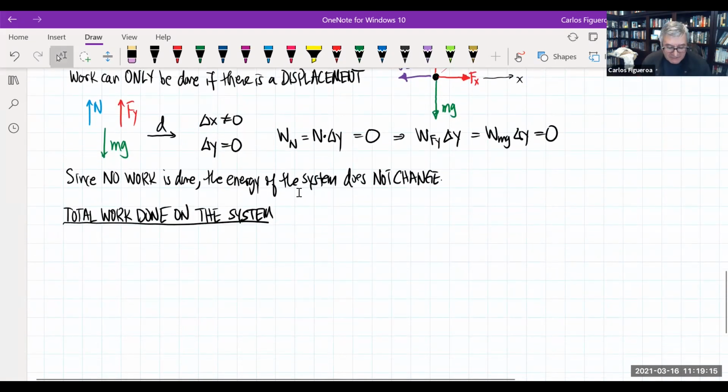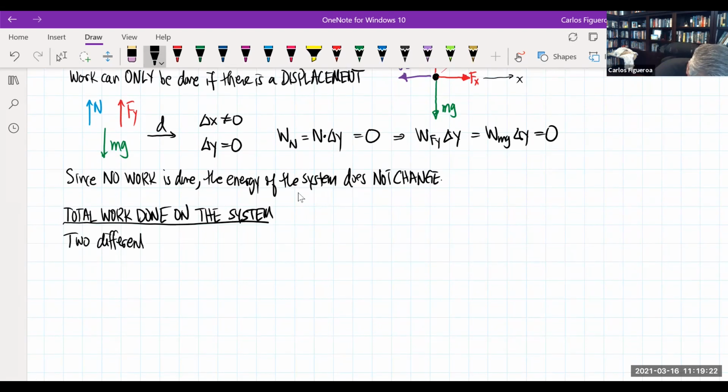Well, we see that there are two different workings. So if I look at this picture-wise, I imagine here that I have the work of f of x, which is positive, and I have the work of friction, which is negative.